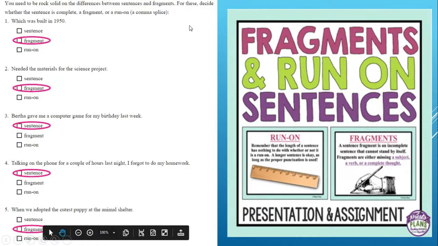Fragmented. Here you have a few, which was built in 1950. Okay, when you have a sentence that starts with before, after, which, anything that shows you since, because, be careful. As soon as I start reading those sentences, I know that 85% of the time my students are going to have a fragmented sentence, because which was built in 1950.